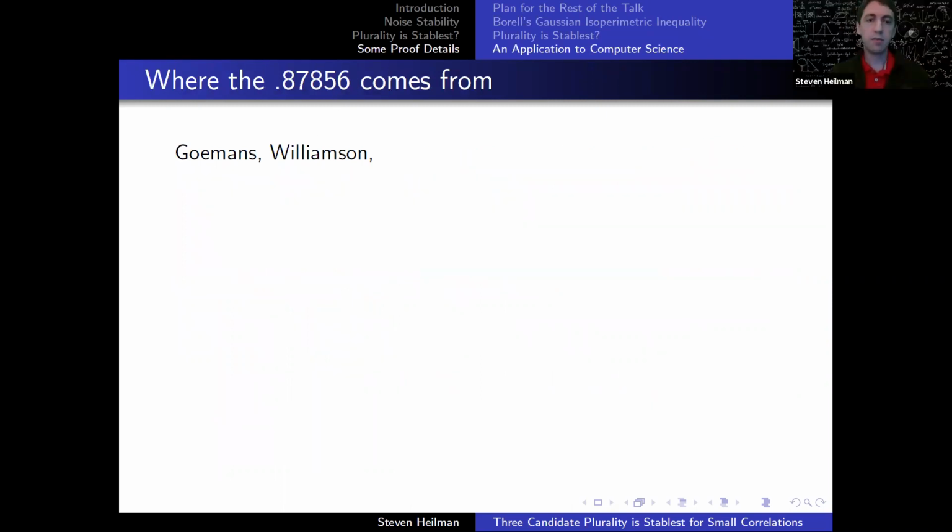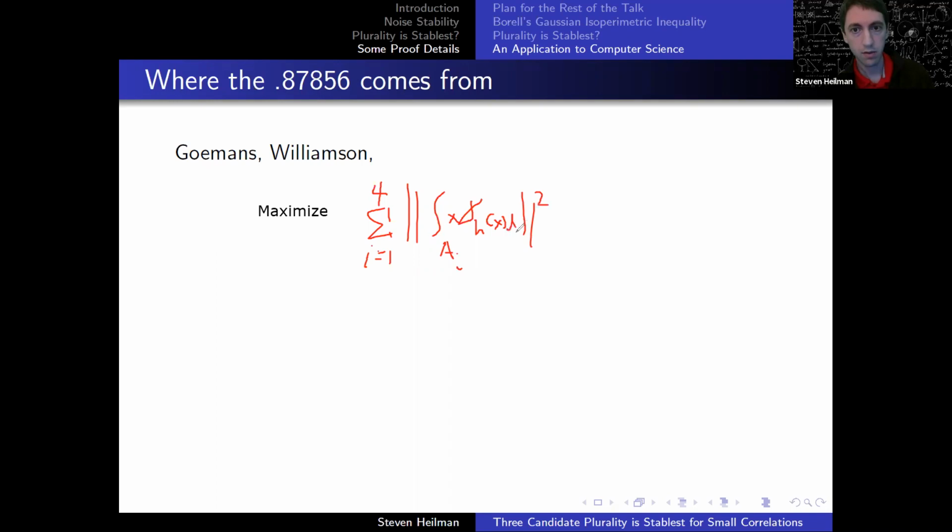Let's say I want to maximize the sum, i equals 1 to 4, of the lengths of the Gaussian moments of these A_i squared, where each of the A_i has Gaussian measure 1/4, and they form a partition.